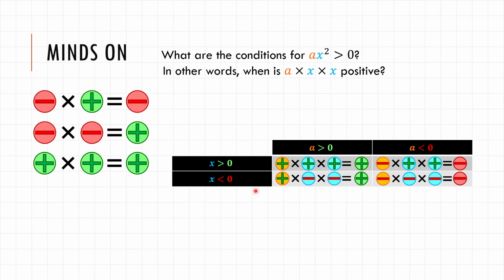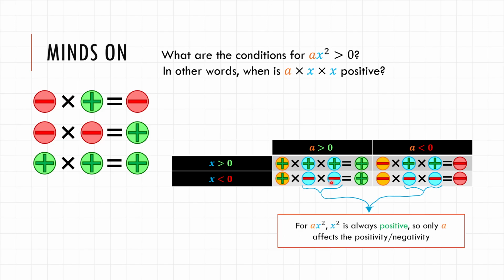So to summarize what we're looking at here so far, and hopefully you recognize that these are the only conditions for when ax squared can be greater than 0. The idea here is, looking at the value x squared, it doesn't matter if x is negative or positive. These two multiplied together, because they represent the same number, the answer will always be positive, unless it's 0, but then the whole product would be 0.